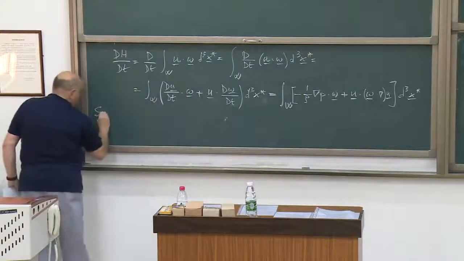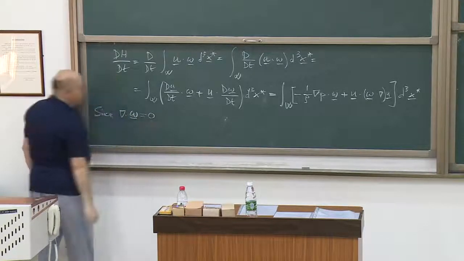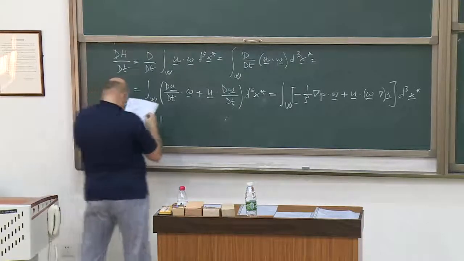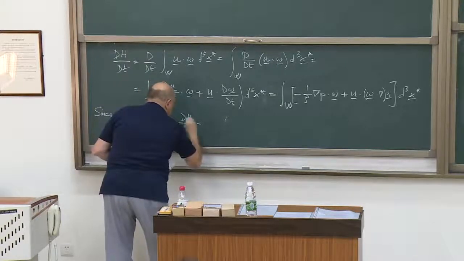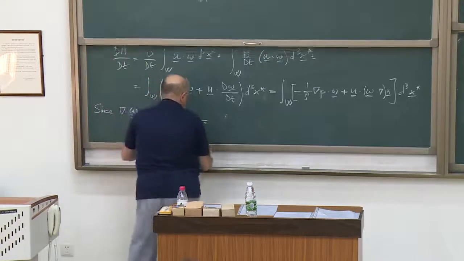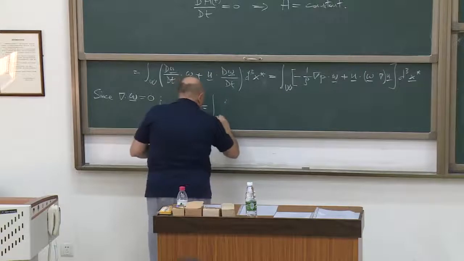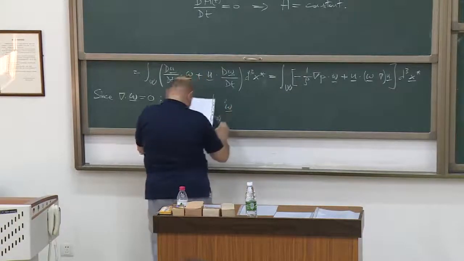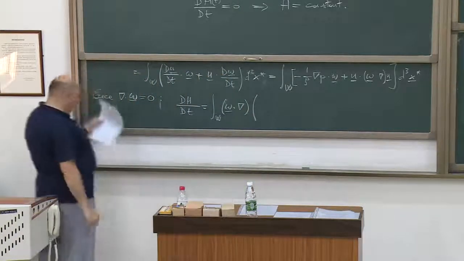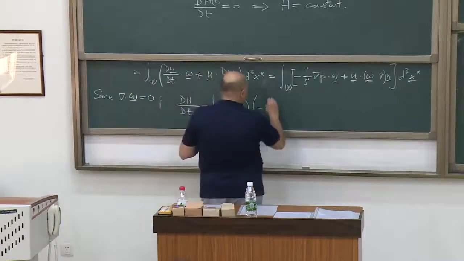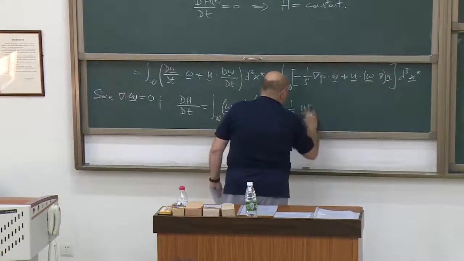And now, since div omega is equal to 0 always, because it's a divergence of a curl, then we have dH/dt equal to the integral on W of omega dot grad of minus p over rho plus half u squared.